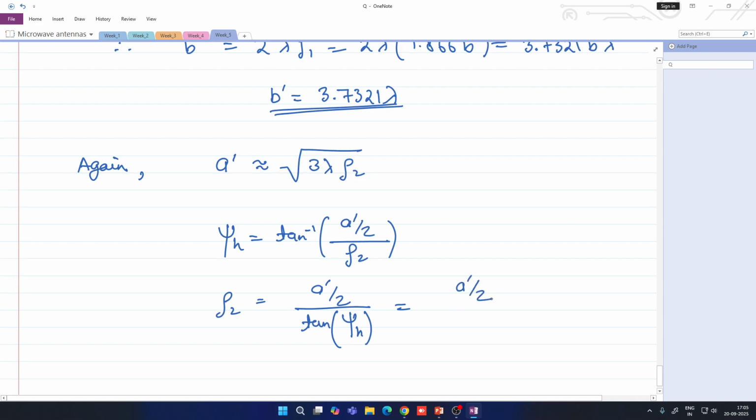So a prime by 2 divided by tan 25 degrees, and when we solve this we will get a prime by 2 divided by tan 25 is 0.4663.